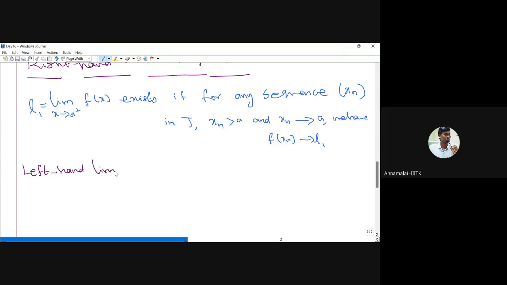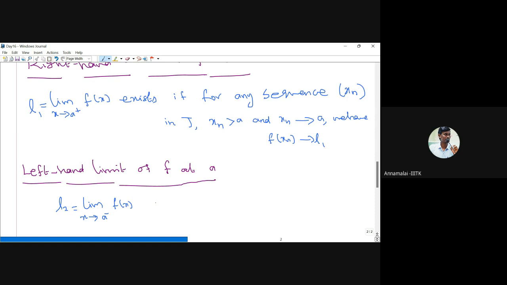Similarly, we define the left hand limit of f at a point A. We say L2 is the left hand limit of the function at the point A, that is the limit as x goes to A minus of f of x.